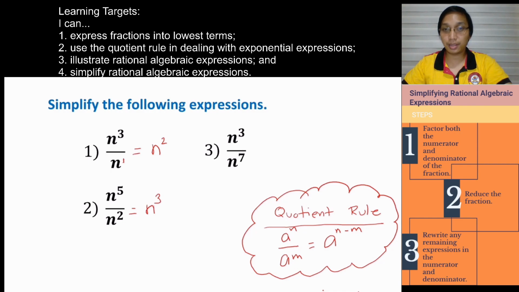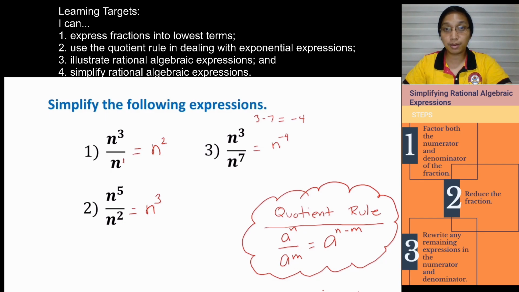In example 3, we have n cubed over n to the 7th power. We subtract the exponent, 3 minus 7. We get an answer of negative 4. So this is equal to n raised to the power of negative 4.